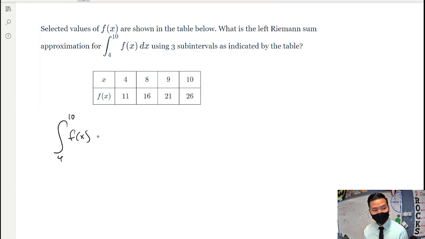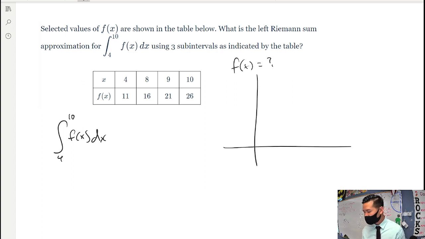Again, when you see the integral symbol, you should be thinking area underneath the curve, but the problem is I don't know what the function looks like, so I don't know what the curve looks like. But I do know output values. I don't know what f of x looks like, but I do know the dots. So at 4, it goes up to 11, right there.